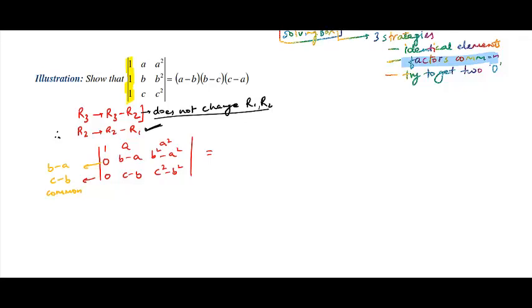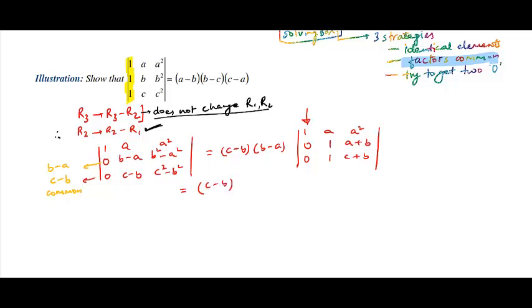So very quickly we take C minus B common from the third row and B minus A common from the second row to obtain 0, 1, C plus B, 0, 1, A plus B, 1, A square, and now you can easily expand this determinant along the first column.